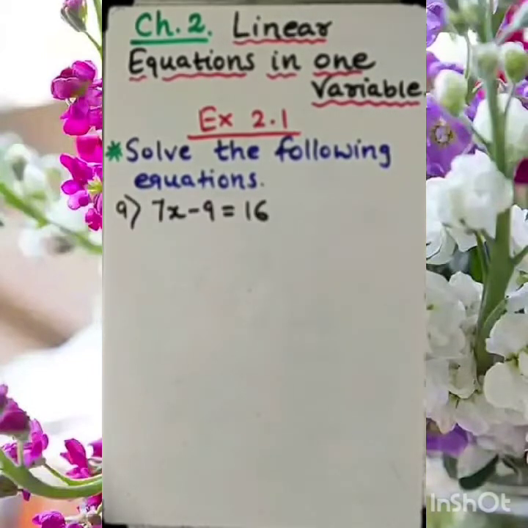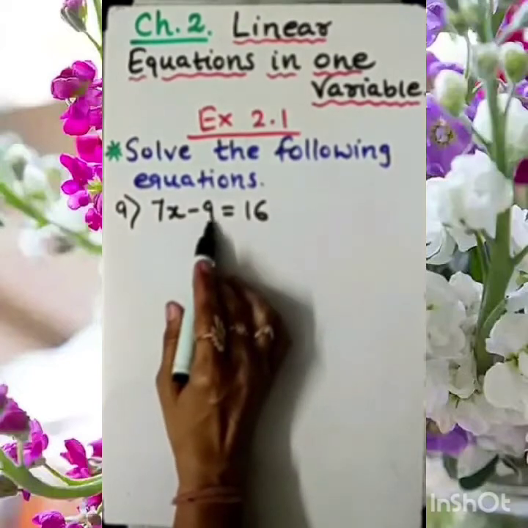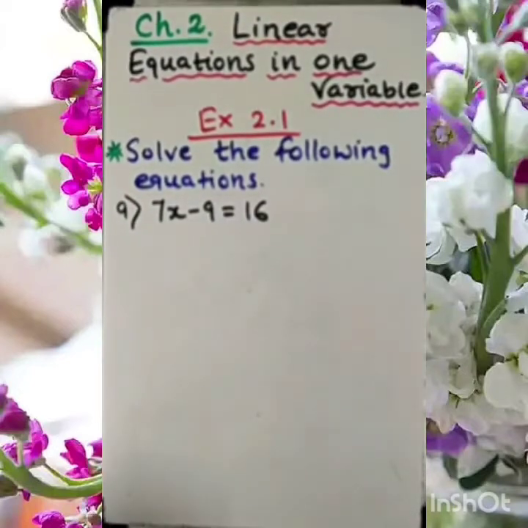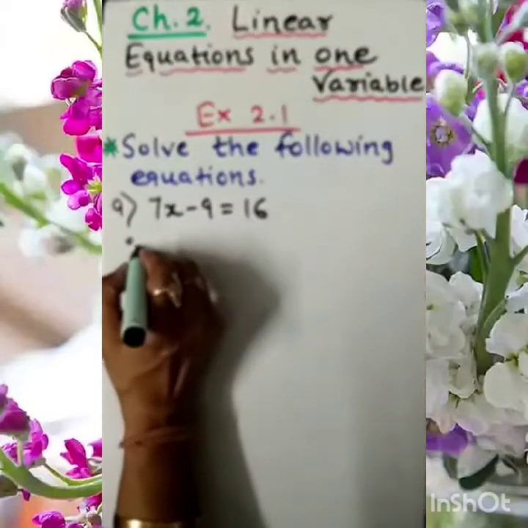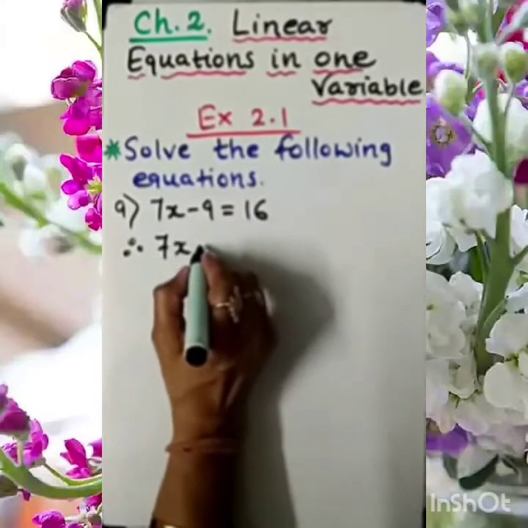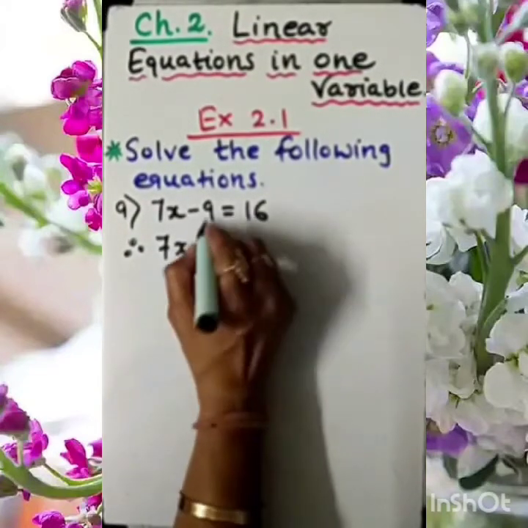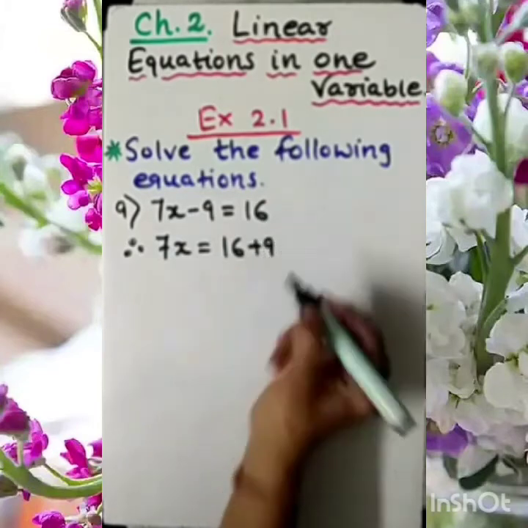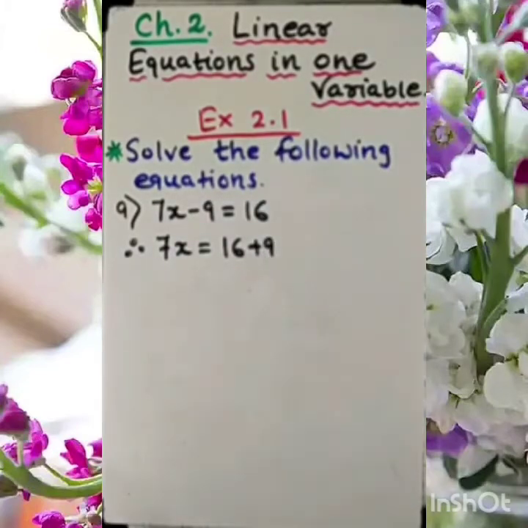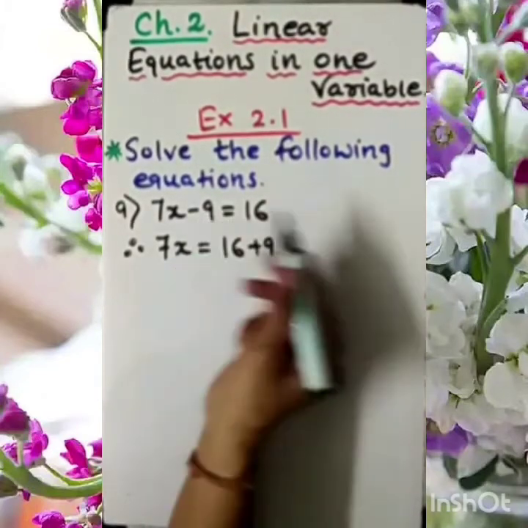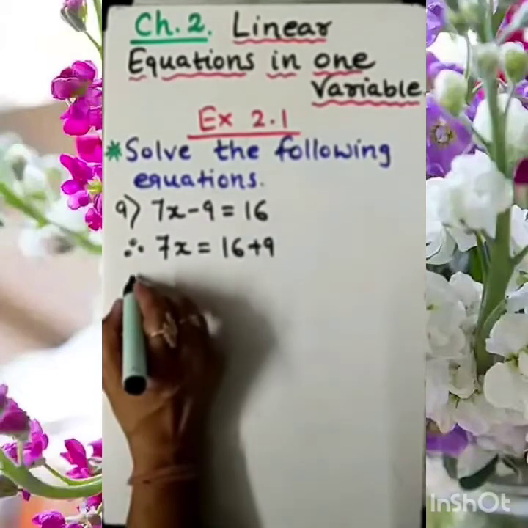So, my dear student, let's go with the 9th. The question is in front of your screen. 7x minus 9 equal to 16. Fine. So here, the sign is compulsory to mention. 7x equal to, minus 9 will proceed towards this side and gives the result plus 9. Right? Transposing minus 9 to the right side, it will become plus 9.